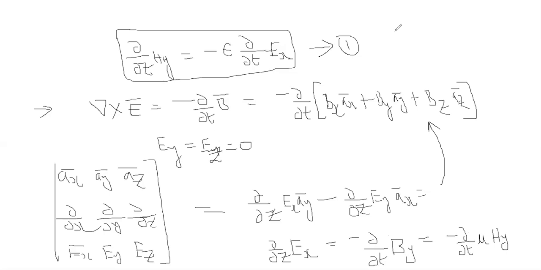I'm writing the second equation here. Dou by dou z of Ex is equal to minus mu into dou by dou t of Hy.